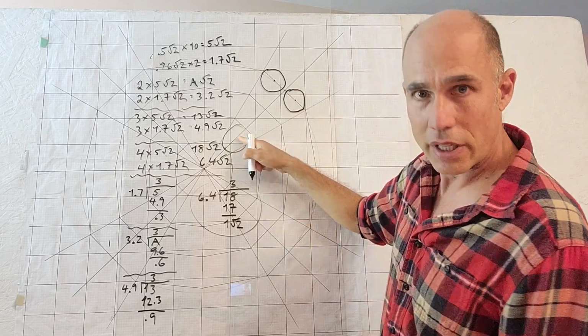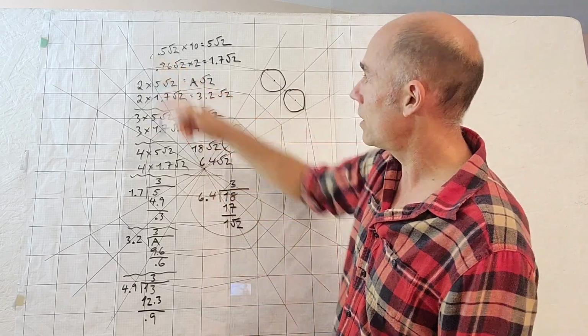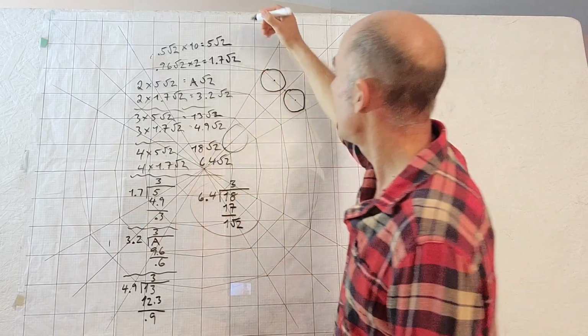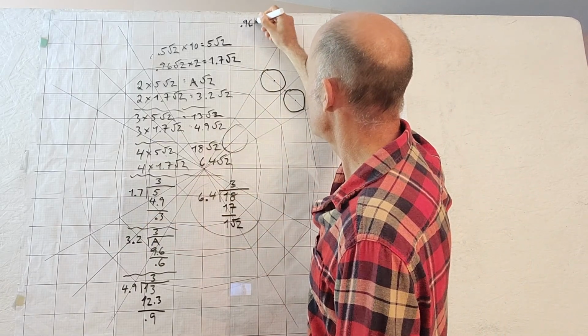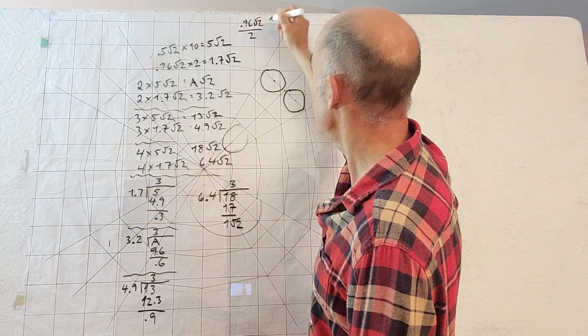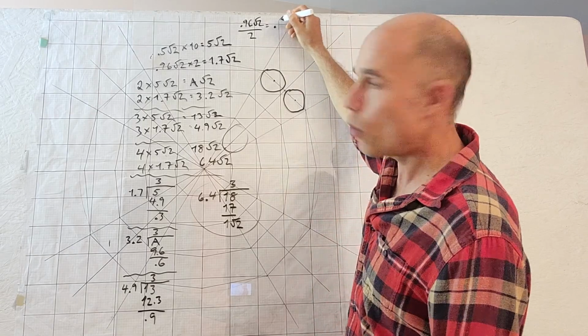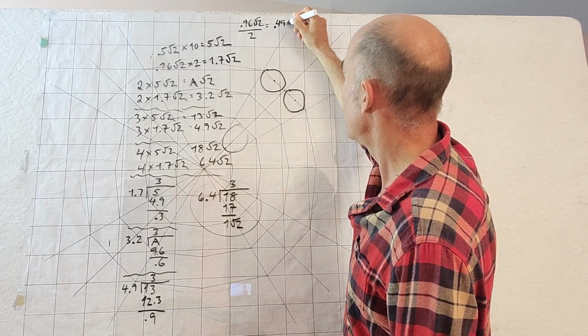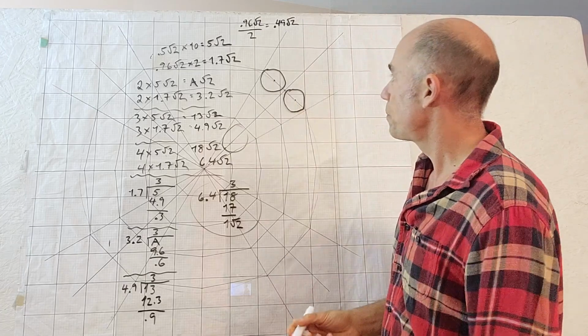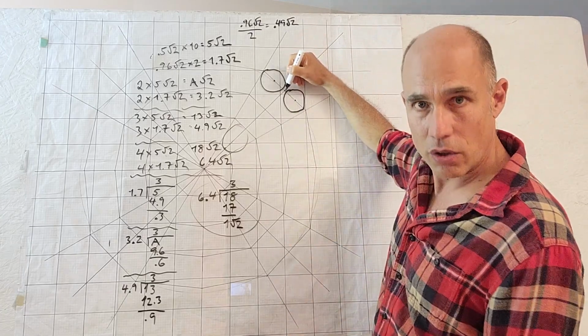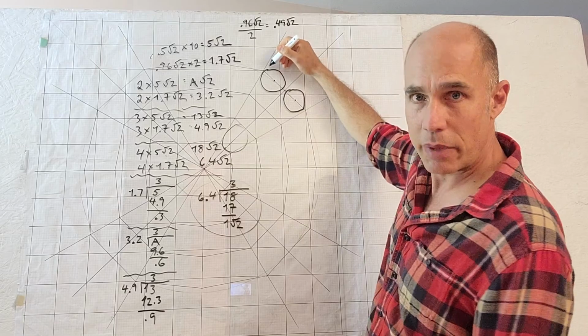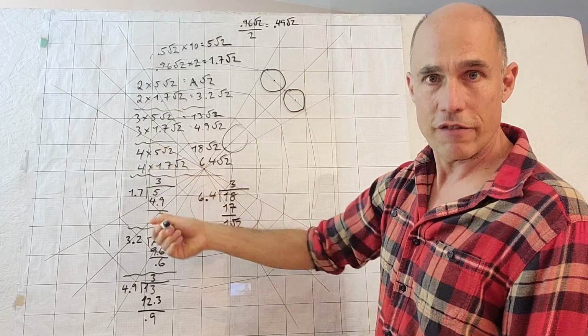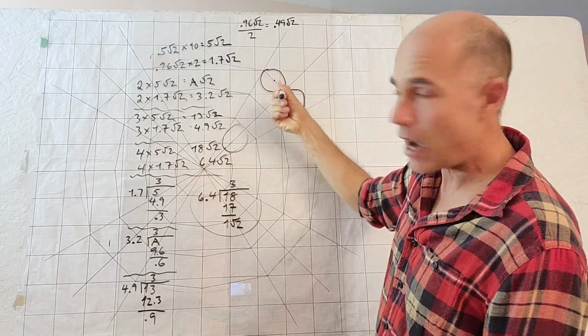So this circle has a diameter, again, of 0.96 root 2. So its radius is going to be 0.96 root 2 divided by 2. And that results in 0.49 root 2. So again, I counted, we know that this line here is made up of 4 times 0.5, right?